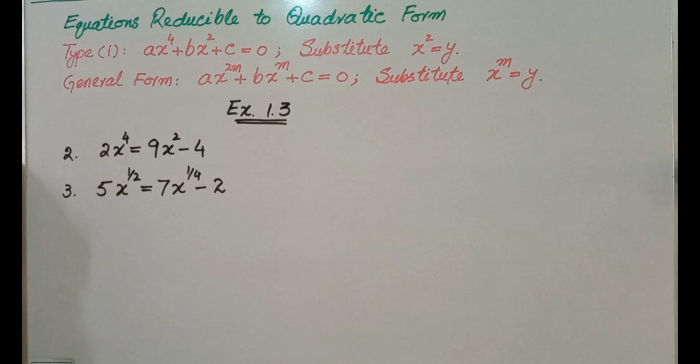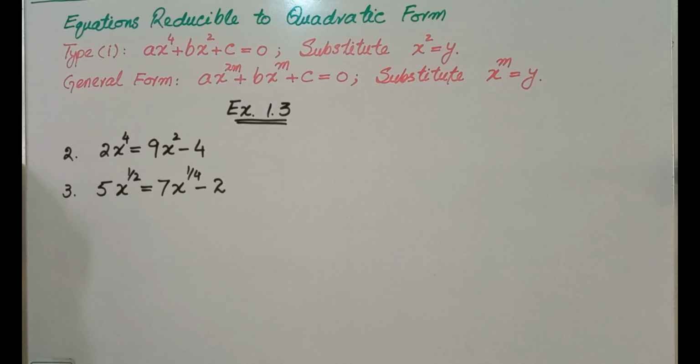The general form of this type is given as a x power 2m plus b x power m plus c is equal to 0. Again, a, b, c are real numbers with a not equal to 0. In this case, you can see the relationship between the powers of x: this is 4, this is 2.